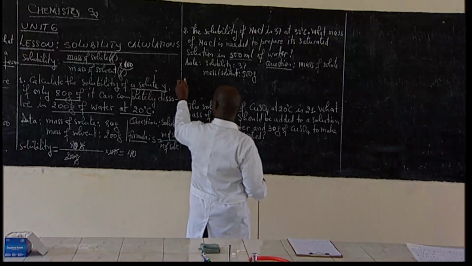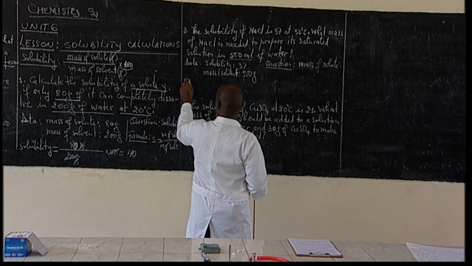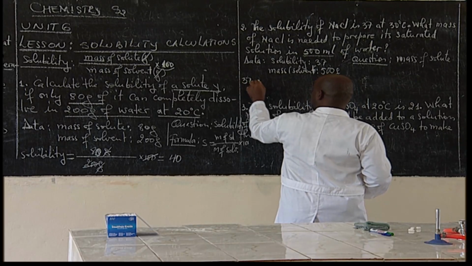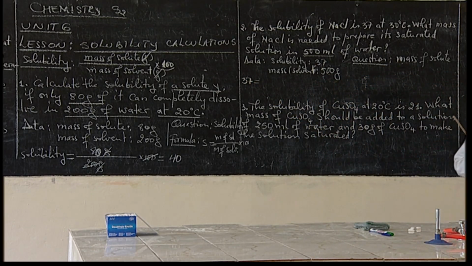So solubility, which is 37, the easiest way is to use the formula and we substitute.